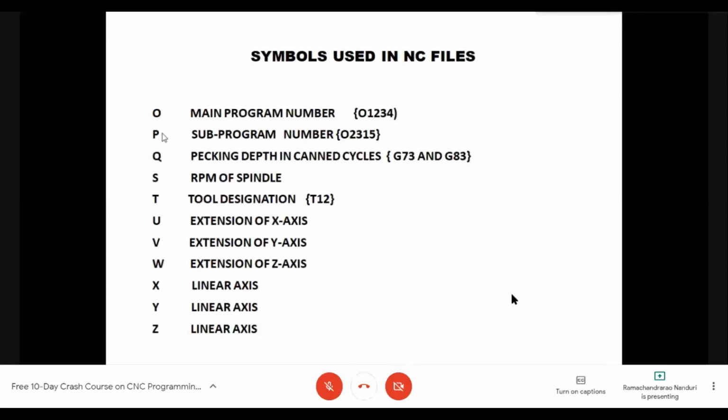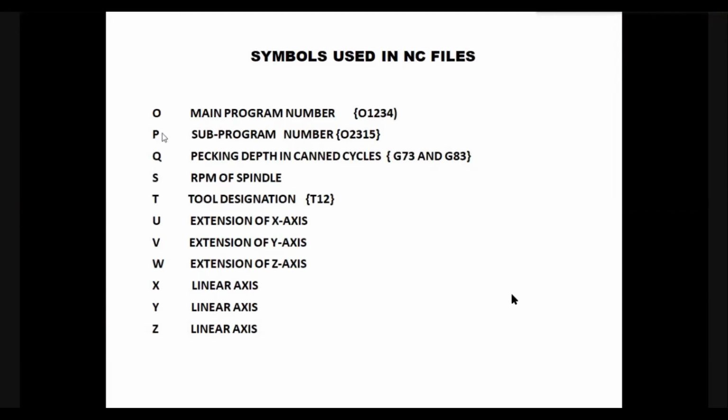In the first stage, it will go to 10 mm. And in the second stage, from 10 mm to 20 mm, the drill will continue the drilling operation. It will be drilling the hole to its full depth in 15 different increments. That increment is called the peck depth, and that is represented by Q.